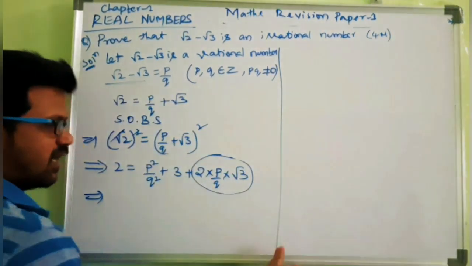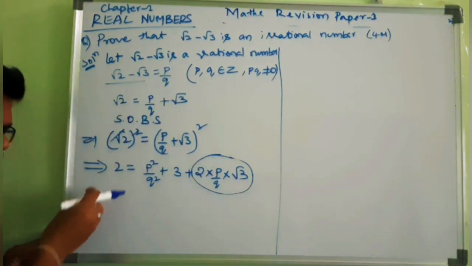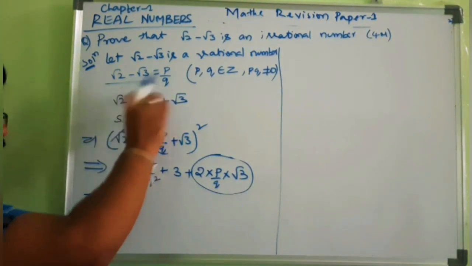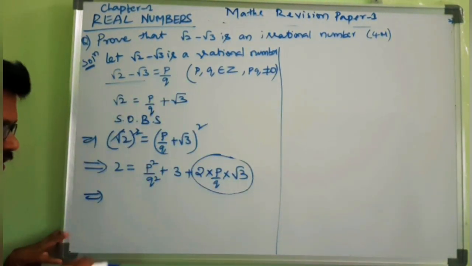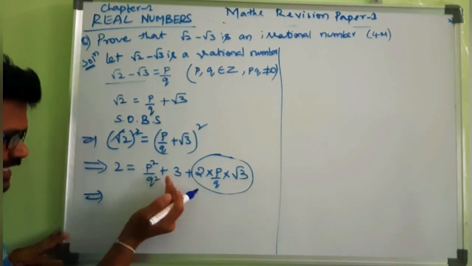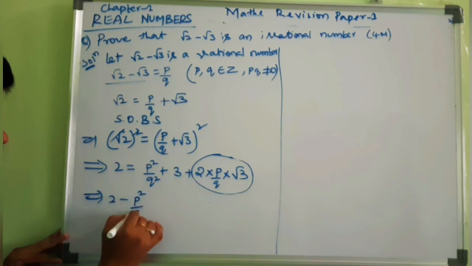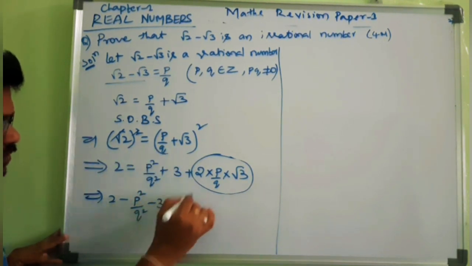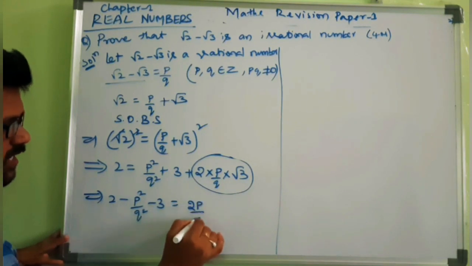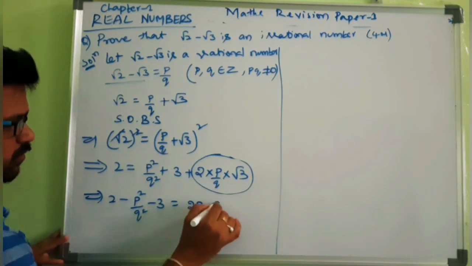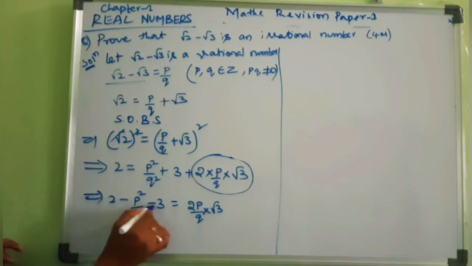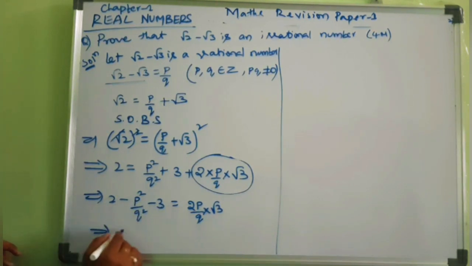Keep this term on this side only, and transpose the rational part to the RHS. So I am keeping the irrational part here and transposing the rational part. 2 minus P square by Q square, plus 3 transposed here, minus 3, is equal to 2P by Q into root 3. Here 2 minus 3 is minus 1.